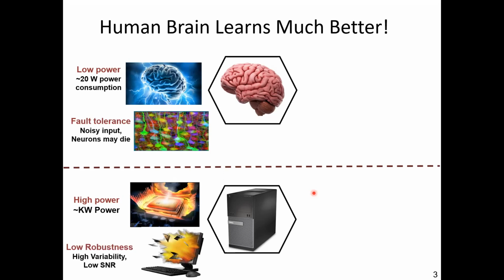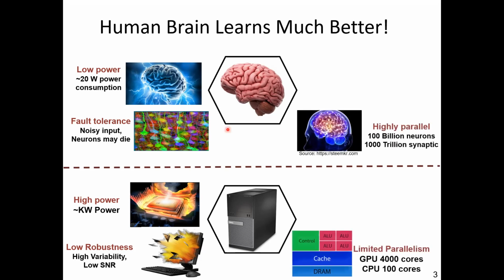Robustness is another important factor. Today's computers rely on switches and transistors. If one of the switches stops working, the entire system may crash. While in the human brain, even when I'm giving this talk, I may lose thousands of my neurons, but I'm still pretty accurate. The other very important factor is parallelism.